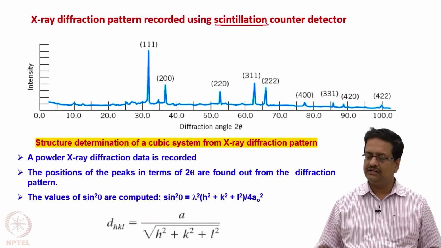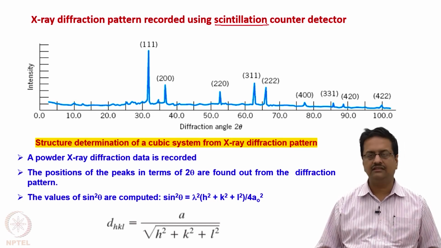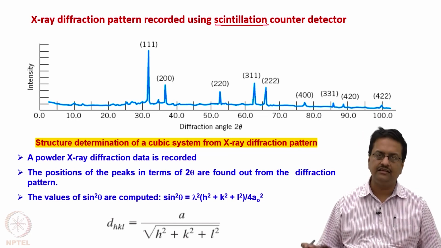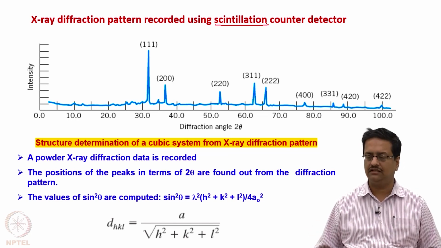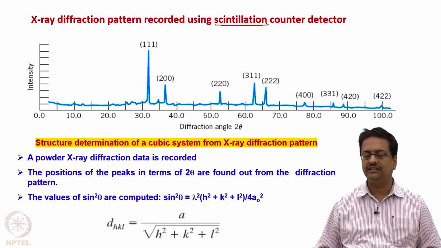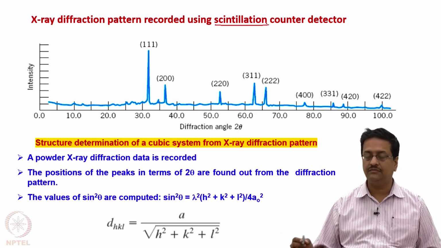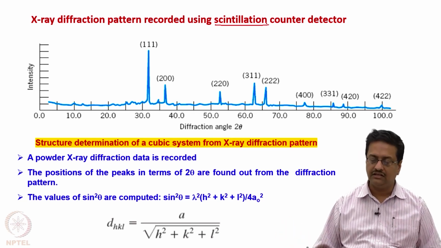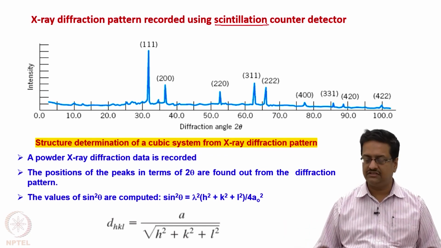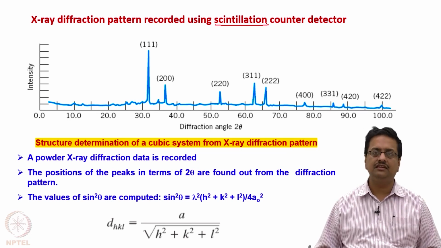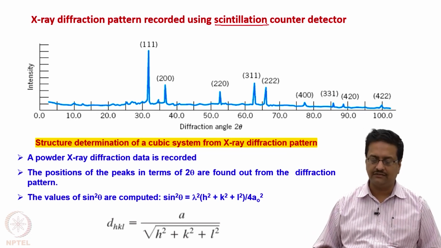Using this very simple technique of powder X-ray diffraction, one can identify the type of lattice that one is examining in a given sample if it is a cubic system. For monoclinic or triclinic or any other symmetry, things are slightly difficult, but for a simple system like the cubic system, powder diffraction data can be used very easily to identify the lattice centering.